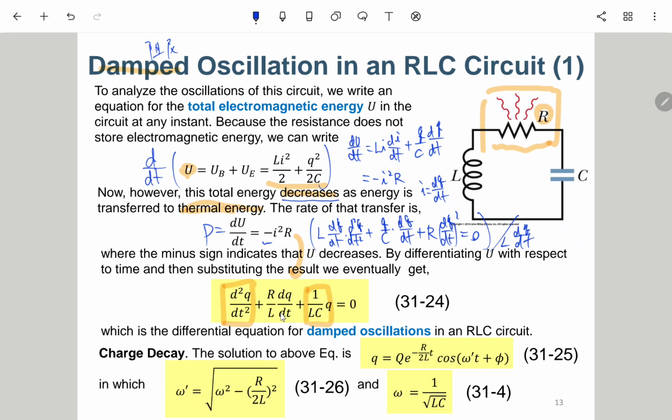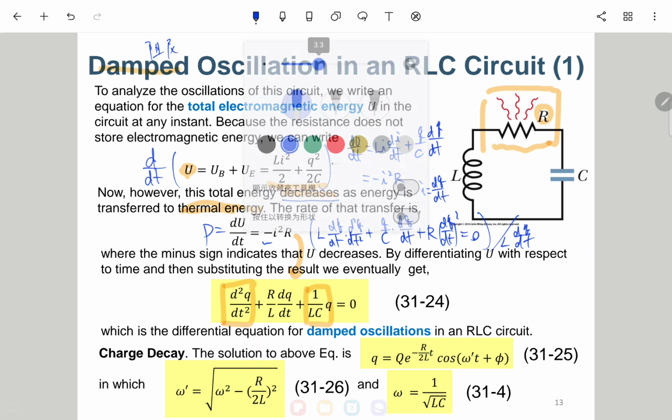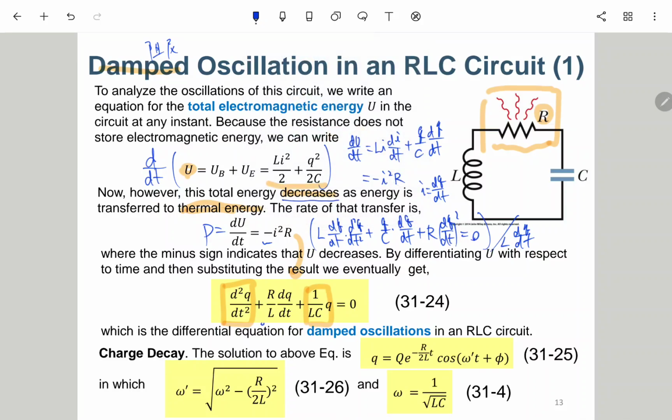So this is actually like this. But here we notice that we have this term. So it becomes a complete second order constant coefficient ODE. Okay, so it becomes more complicated.